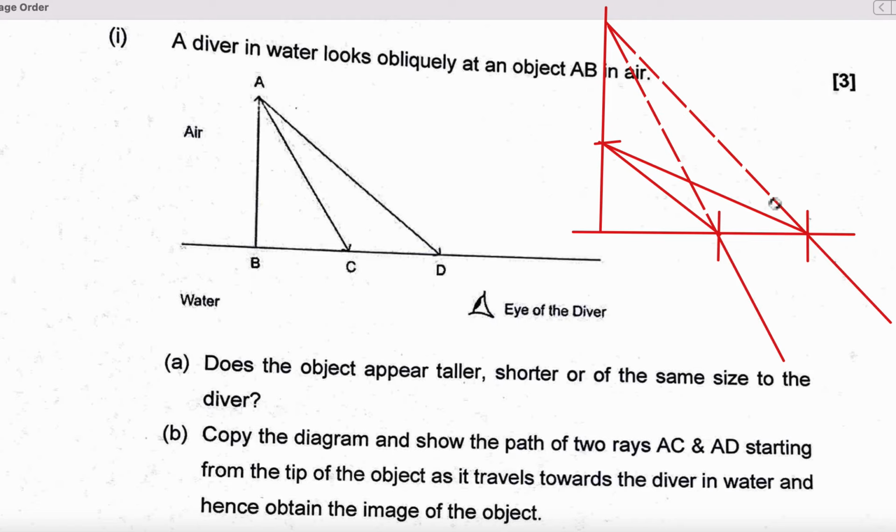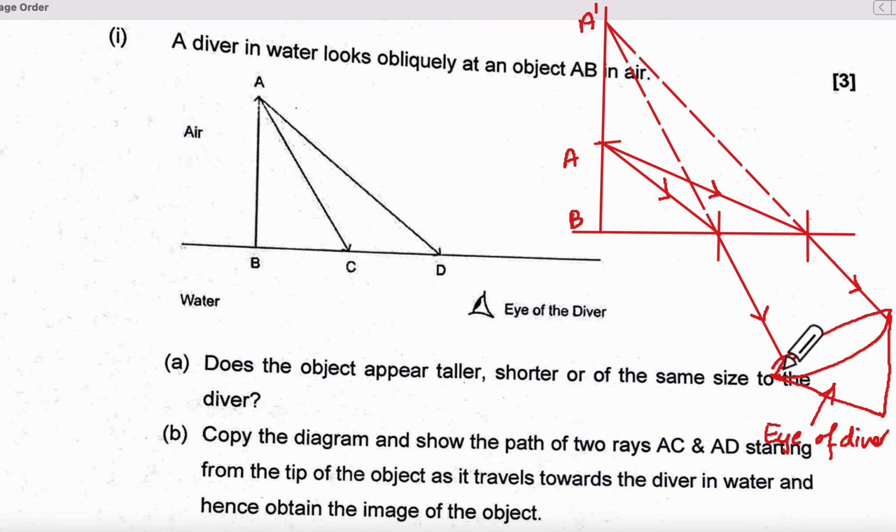So this is your A, this is your B, and this will be your A dash. Now the eye of the diver, can you see the diver's eye will be that big? We'll have to exaggerate the size. Label this as eye of diver.